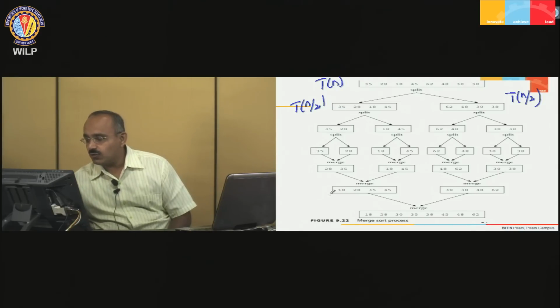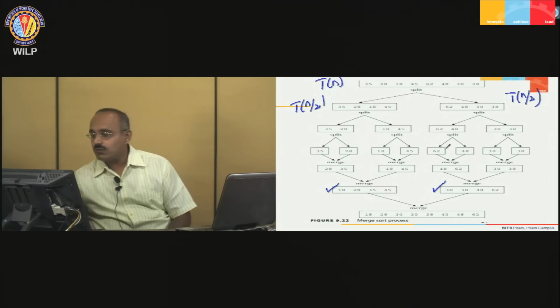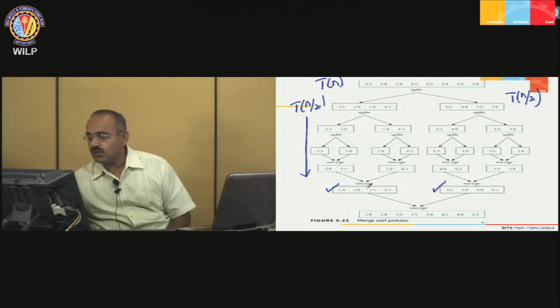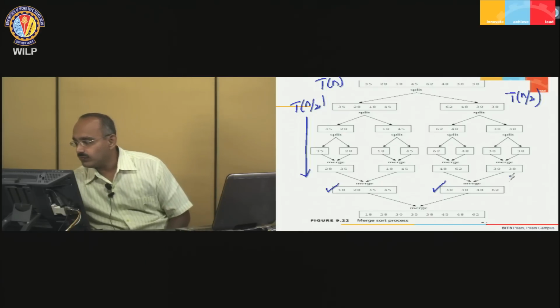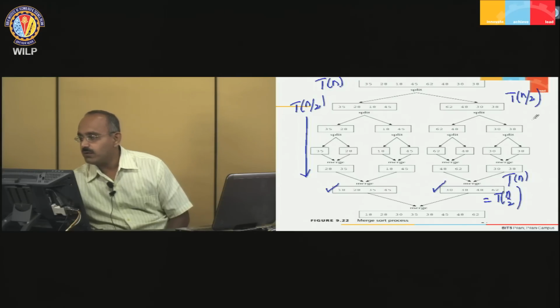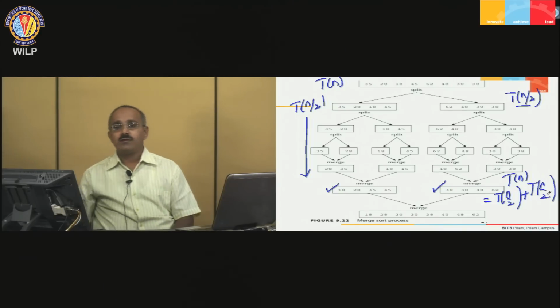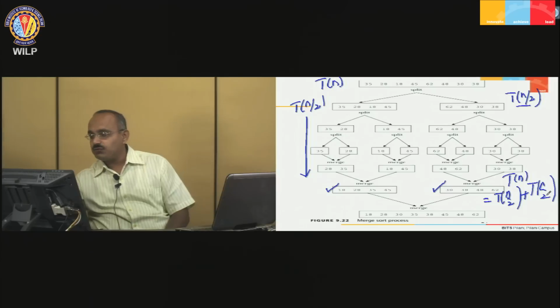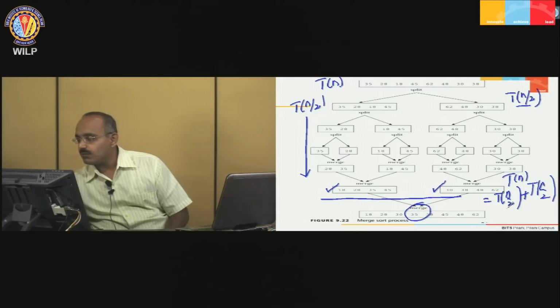As I sort this, you are going to return these two lists. So, T(n/2) will mean the time required to sort the list of size n by 2, which is going to be this process. So T(n) will be T(n/2) from this part and T(n/2) from this part, so you have 2 T(n/2), which gives me this stage, and then what you require is the time required to do the merge.